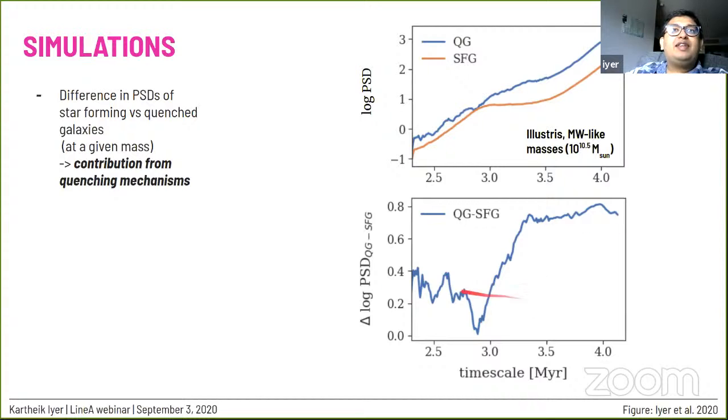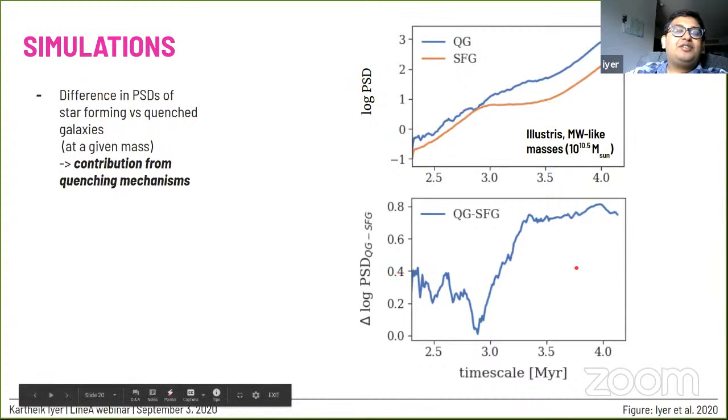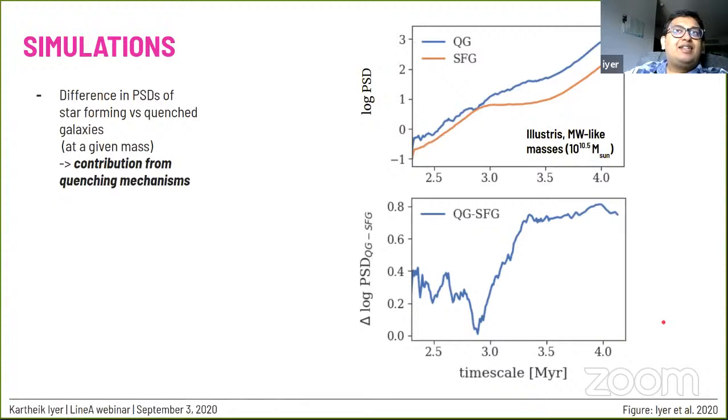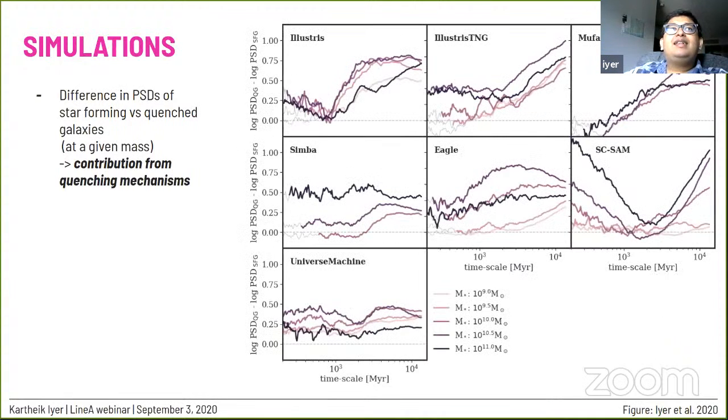So by doing this, we can isolate the timescale contribution of processes that are responsible for quenching. As we saw in the very first plot, most of this power is on long time scales, but there is also some power on short time scales, and this might have interesting clues for what physical processes are responsible for this. So how do we scale up this analysis?